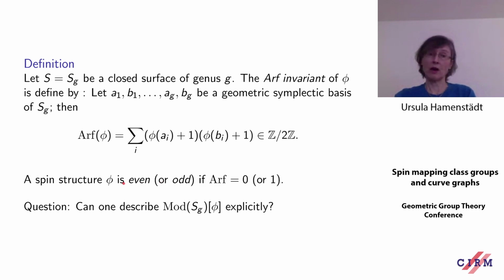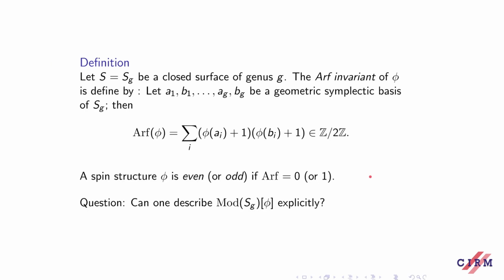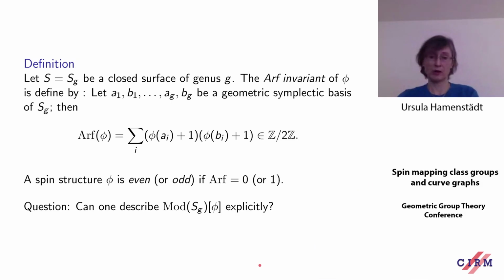That means they're either both even or both odd. So even and odd spin structures are distinguished naturally, and we have to take care of the parities in our discussion of the spin mapping class group.